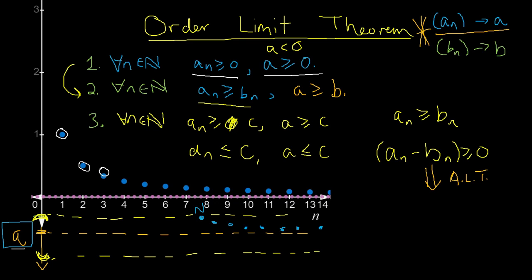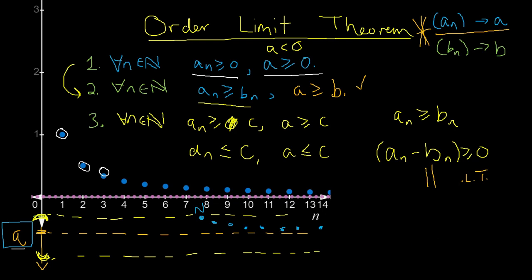So a sub n minus b sub n, and you could probably intuitively guess this, converges to a minus b. By part 1 of what we just proved, this is greater than or equal to 0. We'll add b to both sides, and voila, a is greater than or equal to b, thus proving part 2 of the order limit theorem.